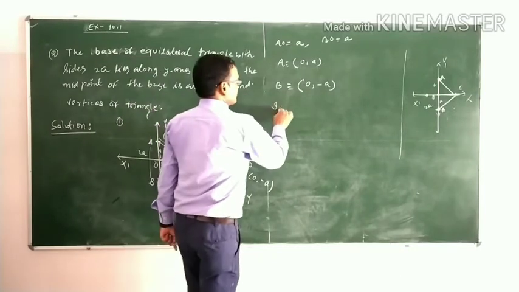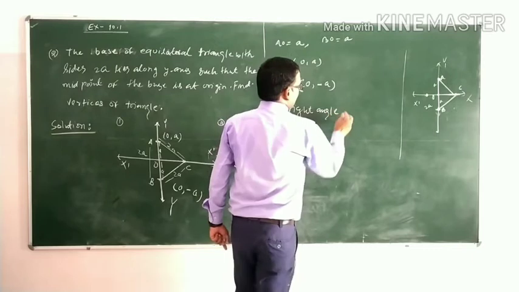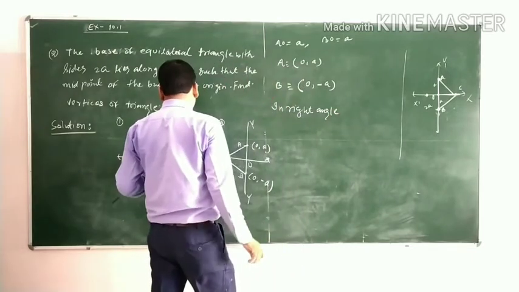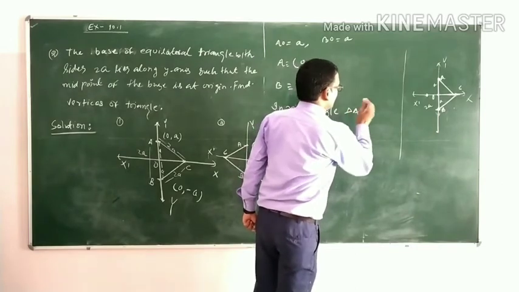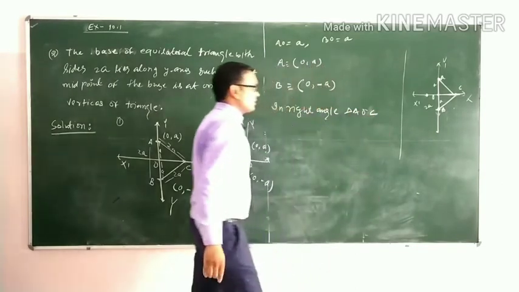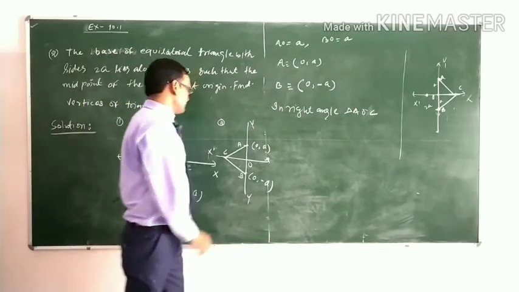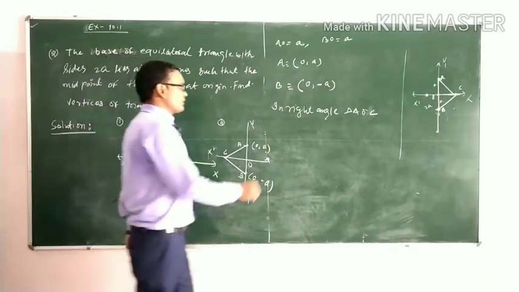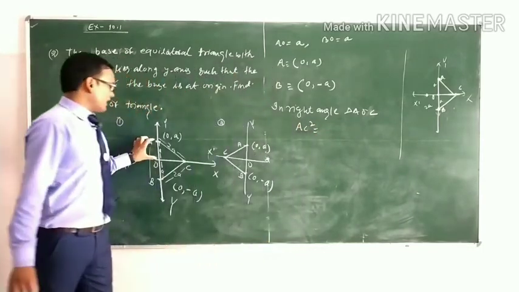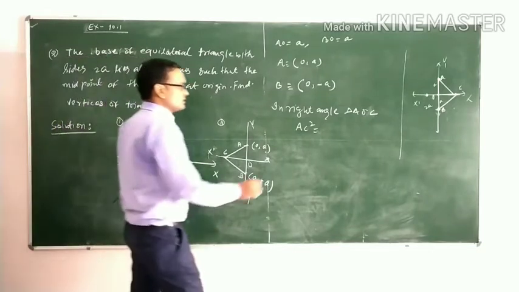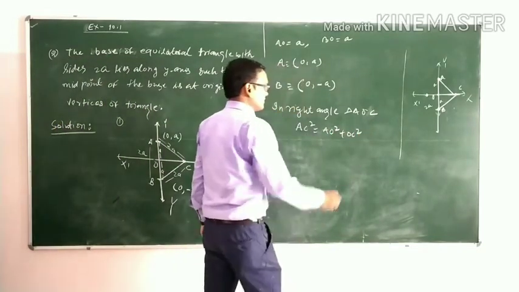In right angle triangle AOC, using Pythagoras theorem, AC square equal to AO square plus OC square.